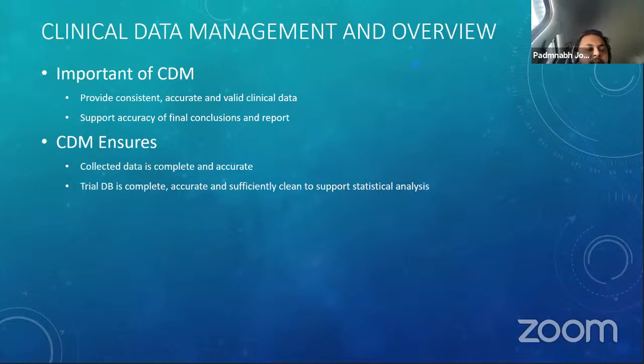So accuracy plays an important role in capturing this data, because any information that gets captured has a lot of relevance, be it medical history, as I mentioned, demographic data, or any concomitant medication the subject has been taking in the past for various other requirements, not just for an oncology study, but any other comorbidities this patient has, because there could be drug and drug interactions that are being observed.